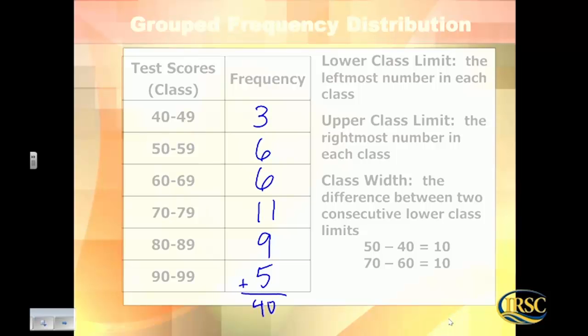We could have listed our numbers individually and had a class width of 1, but again, that chart would have been really long, going from 43 all the way down to 99 or whatever it was. So the best thing to do is to group your numbers appropriately to have a nice chart, and that gives you enough information in that chart. Okay, so the class width for this one is 10.